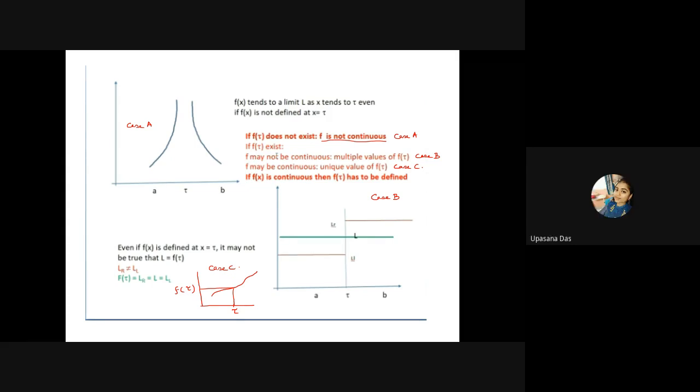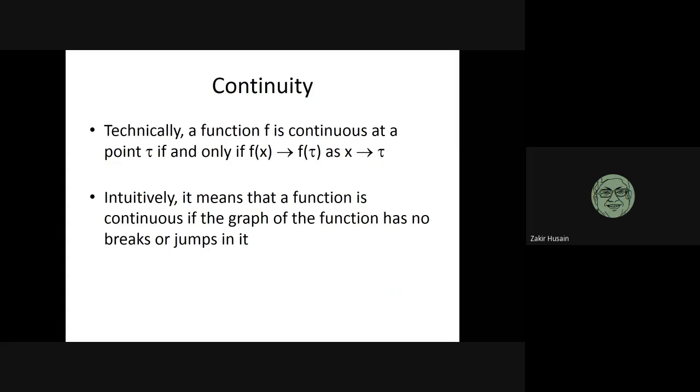Exactly. So f tau should exist. That is one. And the left hand and right hand limit should be the same. So technically, a function is said to be continuous at a point tau if and only if f(x) tends to f(tau) as x tends to tau.